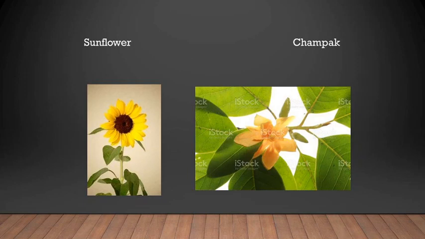The flower that you could find on your right is called Champak. Champak is a very fragrant flower, which is normally called in Marathi and Hindi as champa. This occurs in two colors. One is this soft, velvety yellow color, and the other is a bit strong and hard green champak.